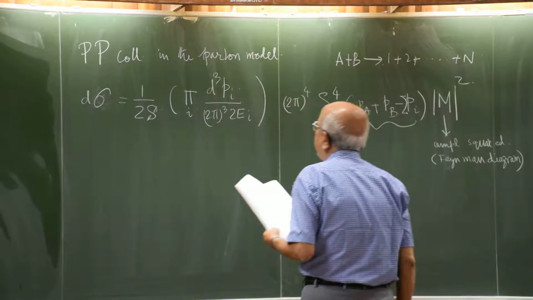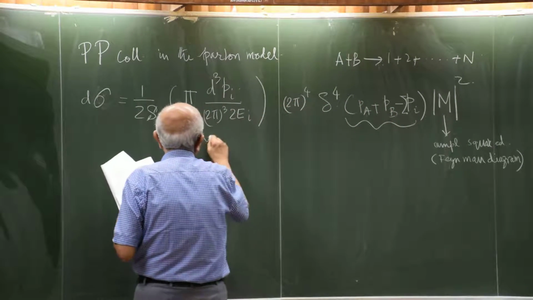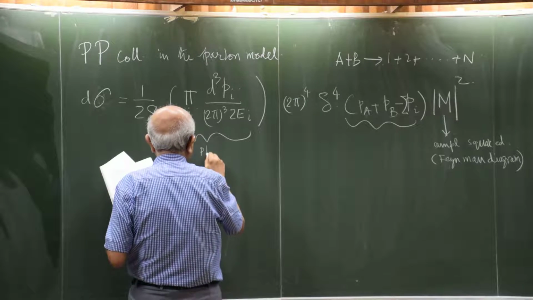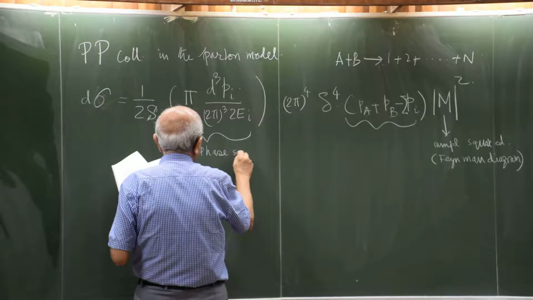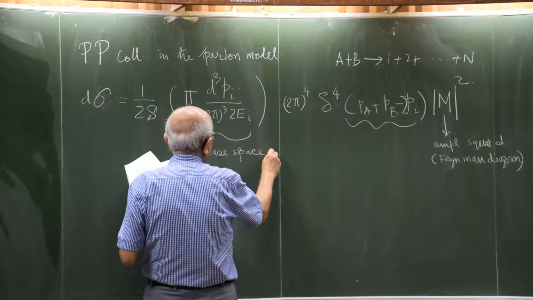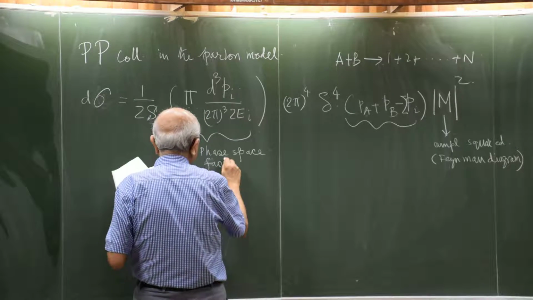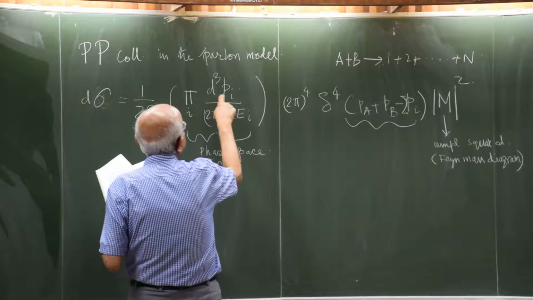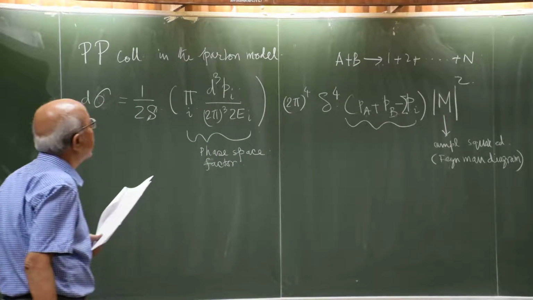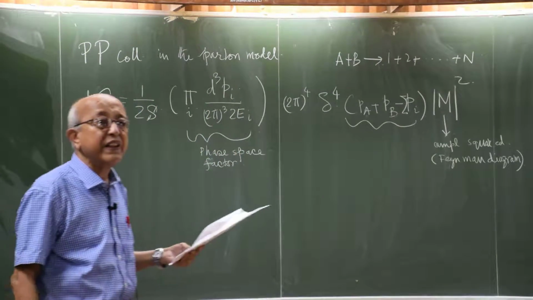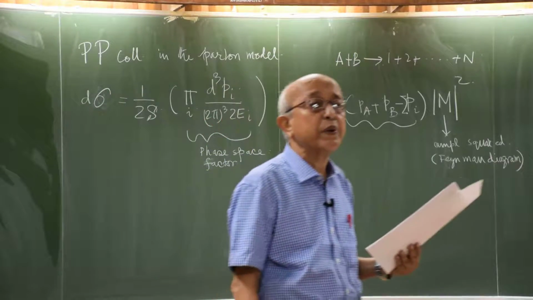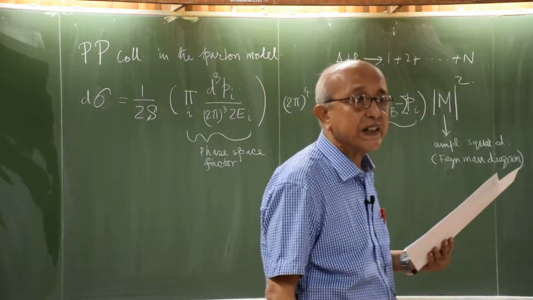And this is the most important one for our purpose. This is the so-called phase space factor. Now this is an integral over the 3 momentum. This d3 tells you that this is an integral over px, py, pz.